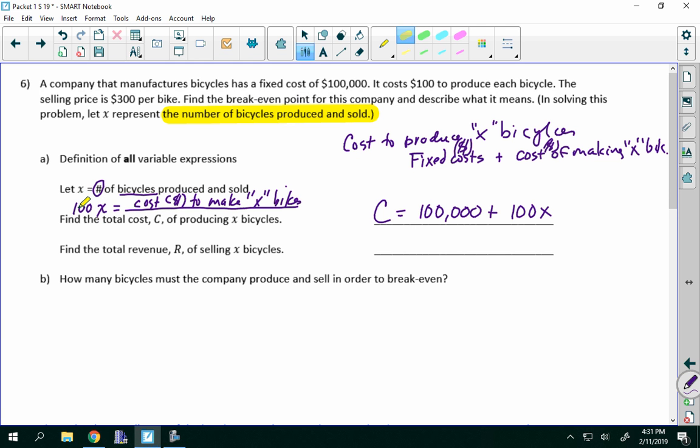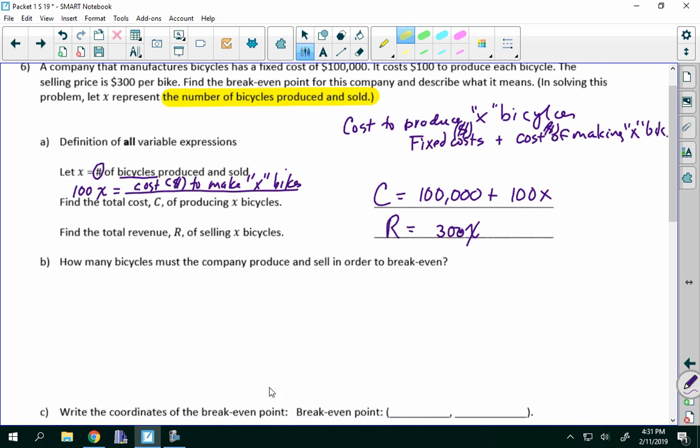Find the total revenue R of selling X bicycles. Here's my number of bicycles that I sold, so I need to multiply it by the price per bicycle, and that's given to us: 300X, 300 times X. So there's my cost equation and my revenue equation.